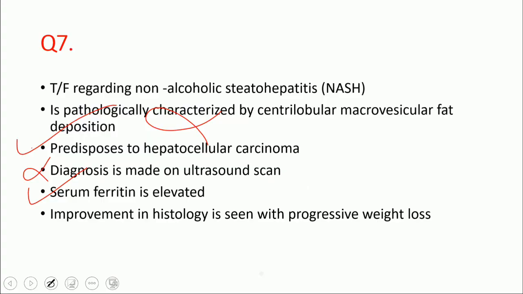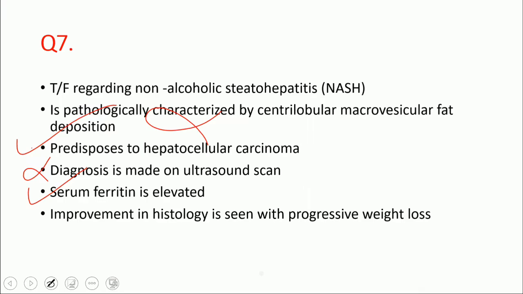Of course, in hemochromatosis, where there is iron overload, the serum ferritin will be massively elevated and the transferrin saturation will be very, very high. But even in patients with NASH and other inflammatory disorders of the liver, you will see a slight elevation in the ferritin purely because ferritin is a marker of inflammation. It is an acute phase reactant.